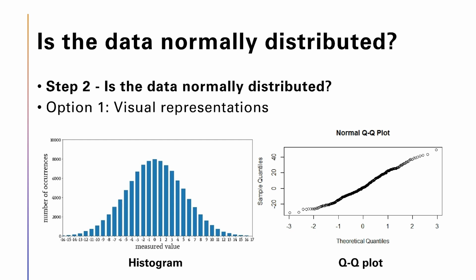Let us have a look at some ways where we can check for a normal distribution. As you can see on the graph on the slide, we have a visual representation of the data. This is what we call a histogram. All values of the variable of interest are displayed on the x-axis, and the frequency of how commonly these values are seen is displayed on the y-axis.